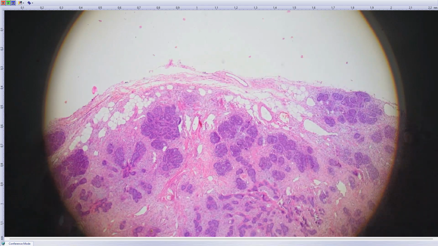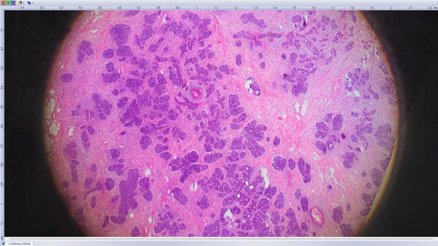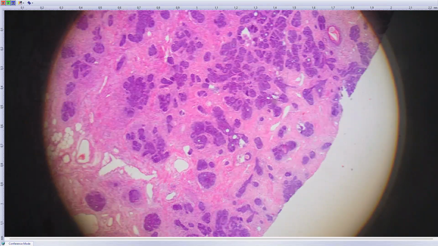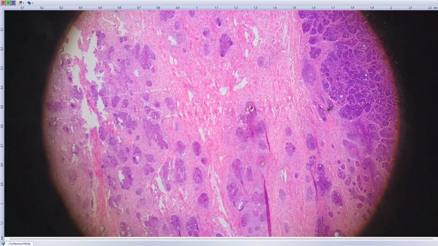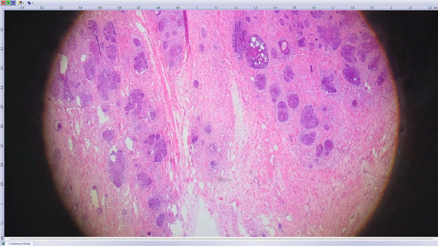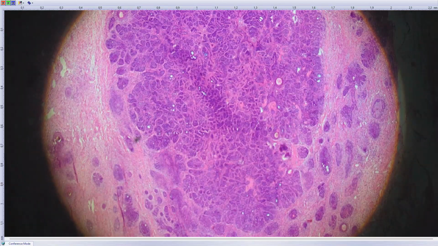It's a subcutaneous tumor of skin that we got from Slovakia.